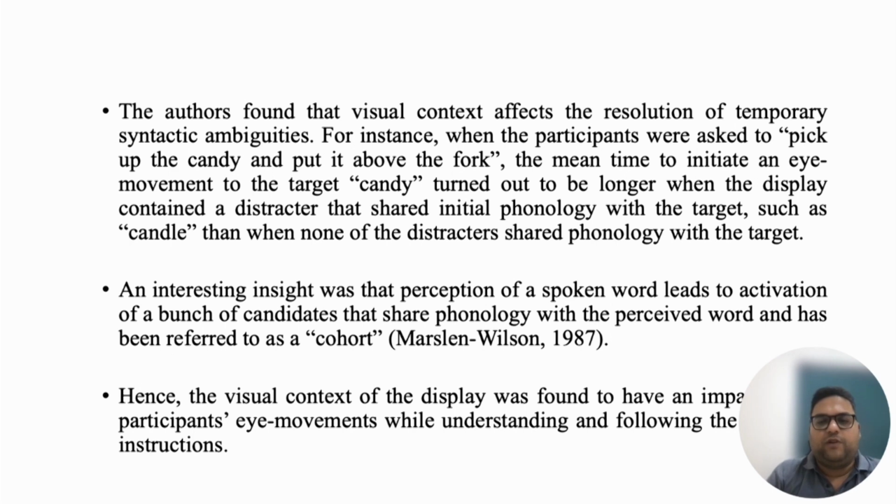So for example, let's say I am trying to say cap or catch, or let's say cat versus caterpillar versus cattle. Now the thing is, when I start with this, when I say ka, I basically have a very large pool of objects that start with ka. So my search space from the mental lexicon is very large.